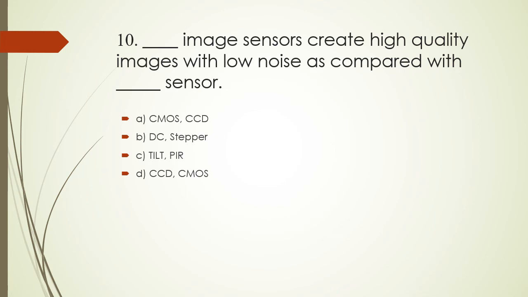Okay, now here you just have to go respectively, because there are two blank words, so that's why option A and D you can relate with, but here you have to first identify whether CCD gives high quality or CMOS does, and only then you can go with the option. So here option D is the correct one. CCD image sensors create high quality images with low noise as compared with the CMOS sensors.